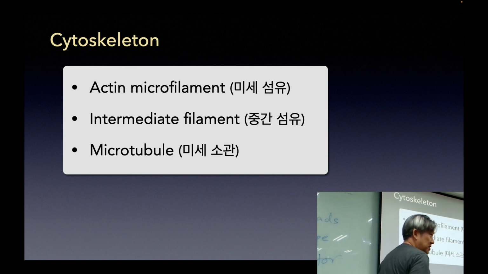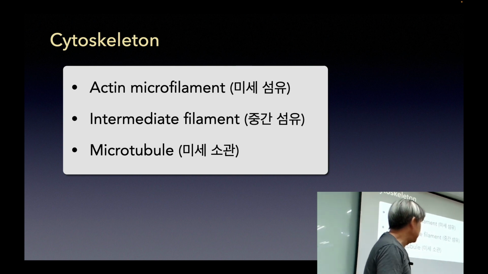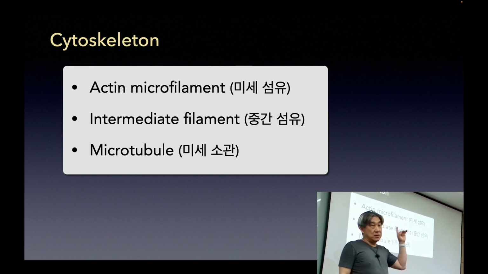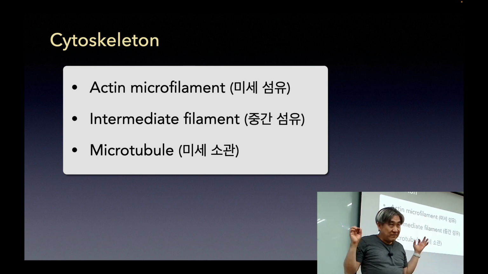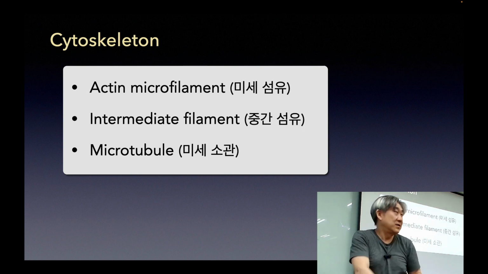So there are three types. All these three different types of cytoskeleton have one common denominator: they are all long, fibrous, filament-like proteins. They are very long. It's not globular, round.